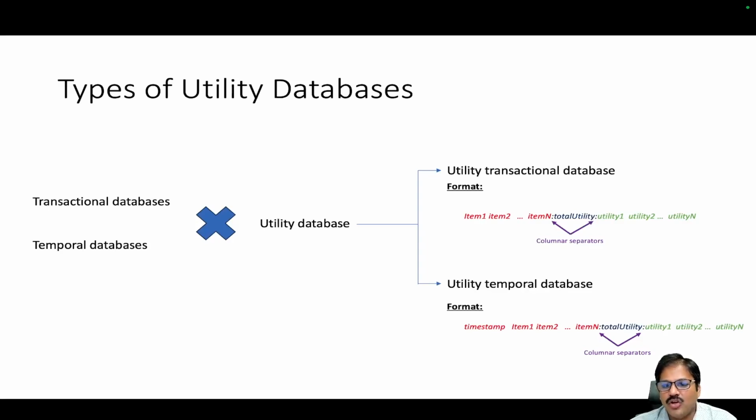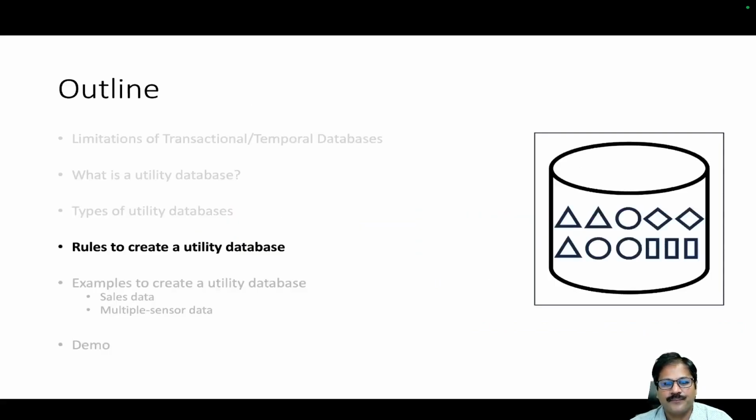And when it comes to utility temporal database, please take note that we add additional information, that is timestamp, to the row. So that is the difference between utility transactional database and utility temporal database.